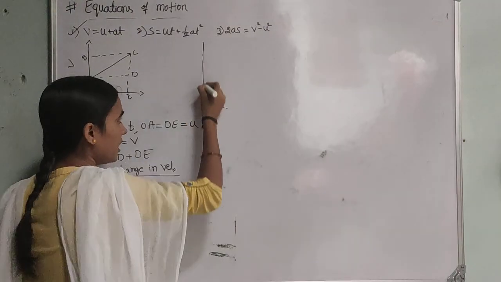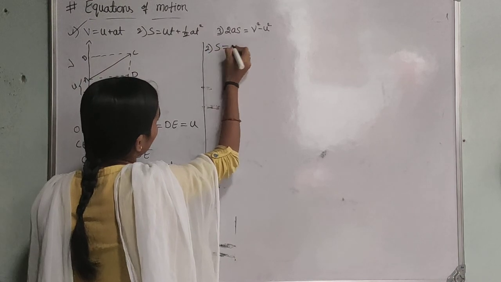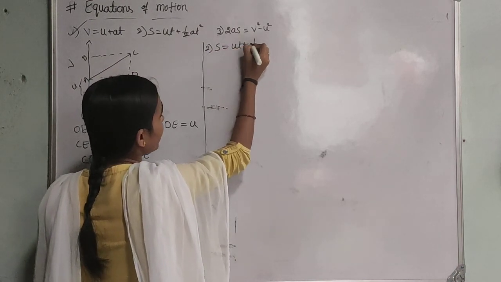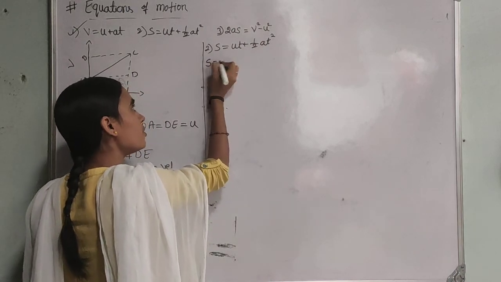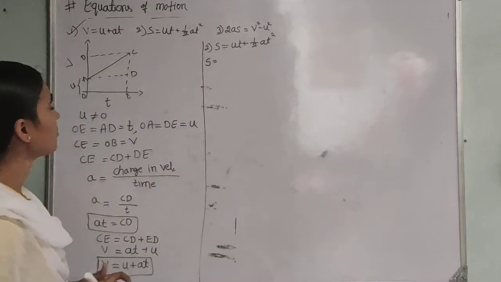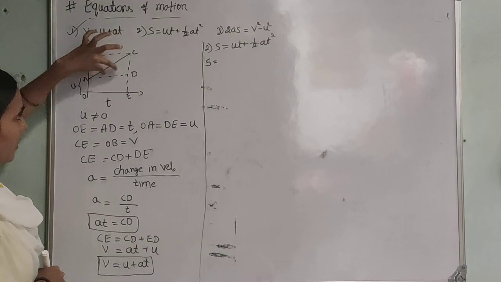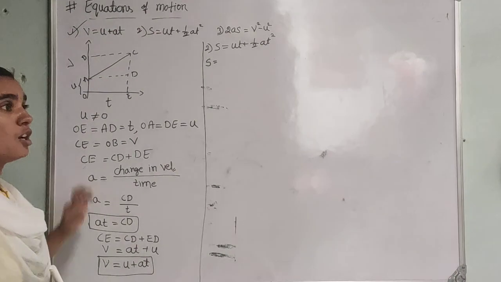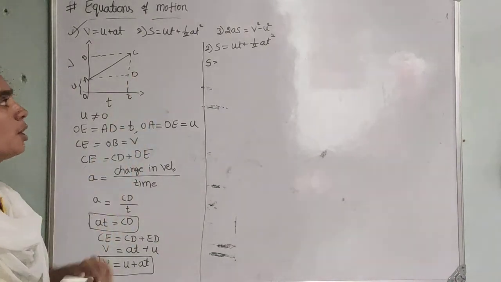Then the second equation, that is s is equal to ut plus half at square. To derive this equation, we are using two things. By seeing the graph, we observe a triangle and a rectangle. So by taking the area of the triangle and the area of the rectangle, we can prove it.